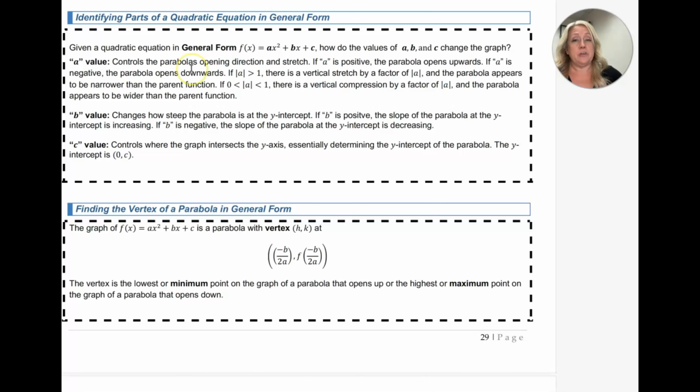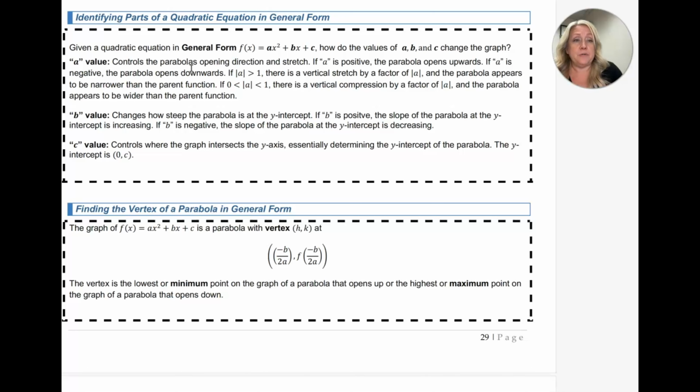So the a value is pretty similar to what we talked about before in vertex form and in intercept form. It controls the parabola's opening direction. Is it opening up? Is it opening down? And it also is helping us figure out if it's becoming more narrow or if it's more wide. So that is the same thing.